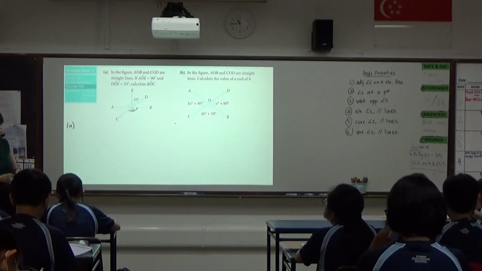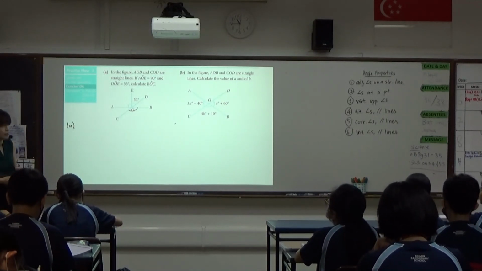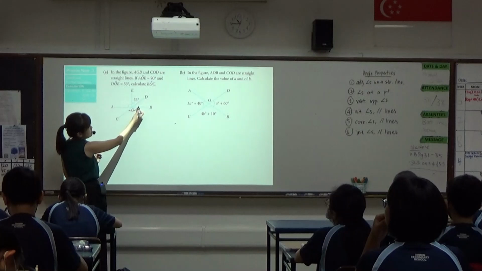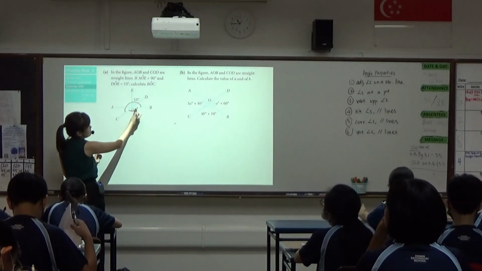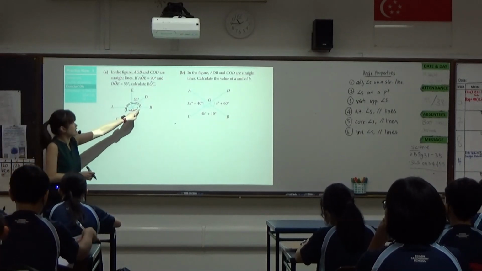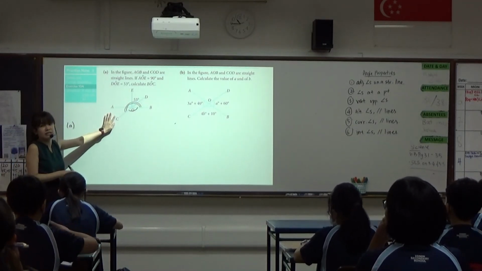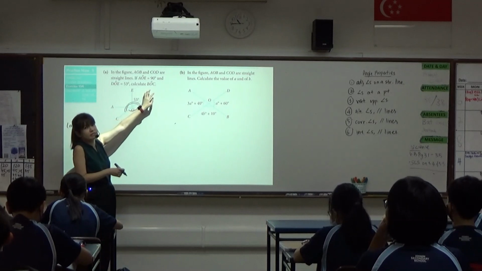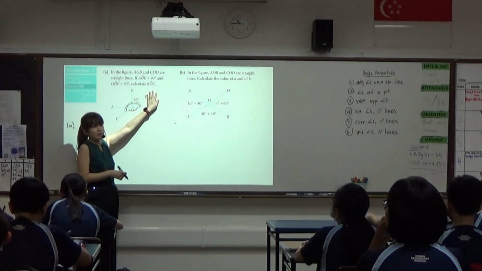Now, something I want us to take note of: BOC, you agree that this is also BOC? You agree that this angle here is also called angle BOC? So which angle BOC is this question actually asking for?